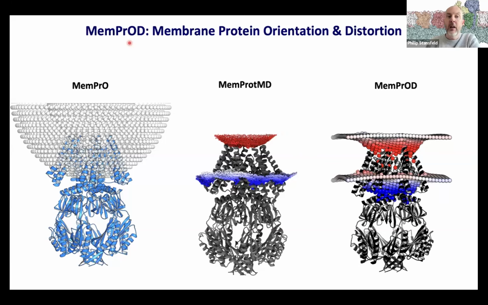And so this is a new version called MemProD, building on MemPro's orientation method to also capture distortions of the membrane around these proteins. So not just needing simulations to capture these distortions, but being able to predict ab initio the distortions around these protein structures.